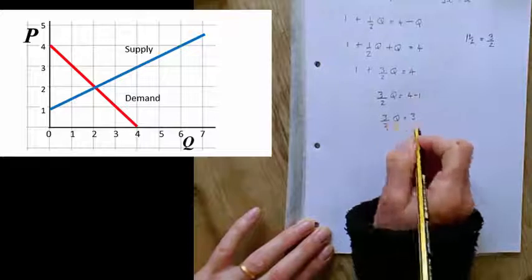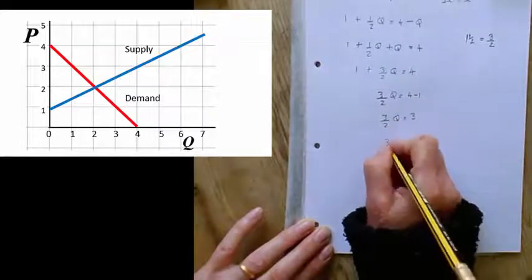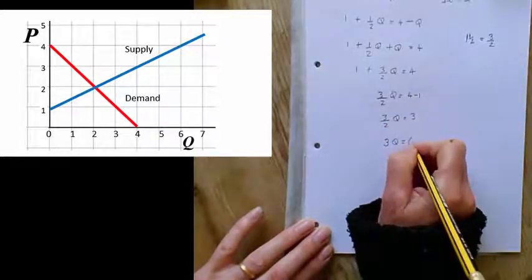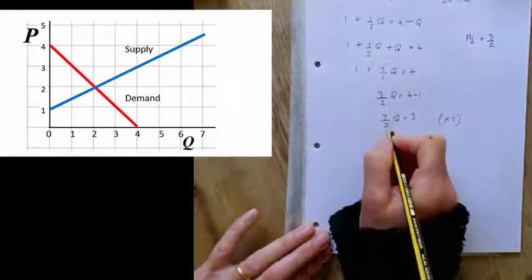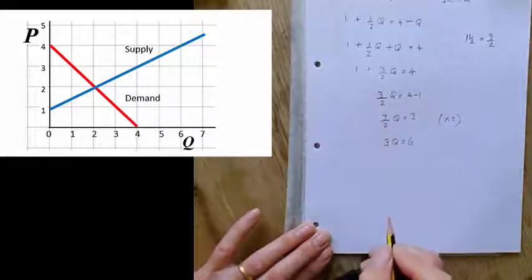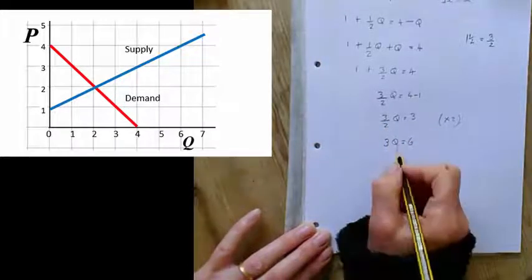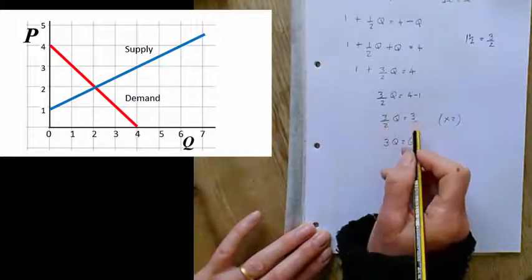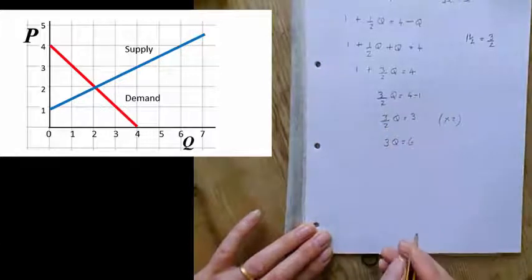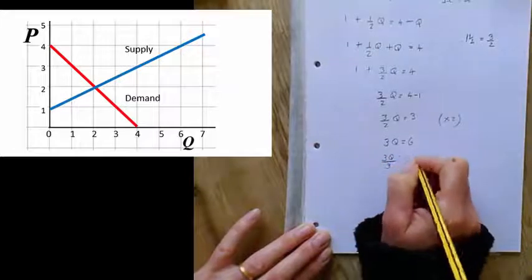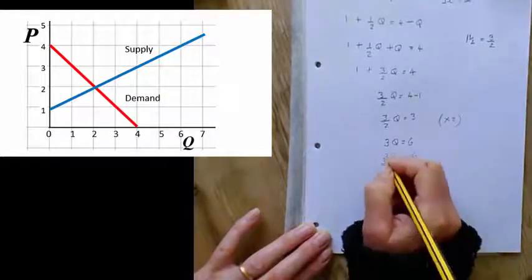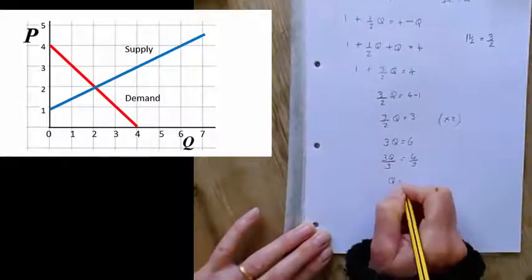If I double both sides, then I get 6. Multiply both sides by 2, or whatever that number is, so that it goes away. So now if 3 over 2 q is equal to 3, then I know that 3q is equal to 6. But I'm not interested in what 3q is, I'm interested in what 1q is, so it's equal to 2.